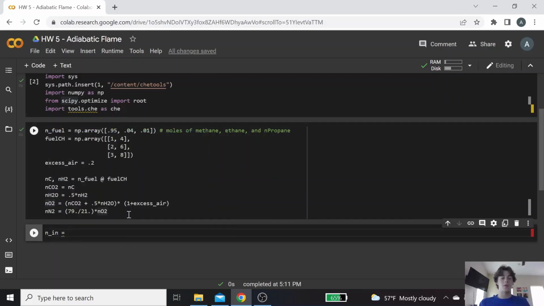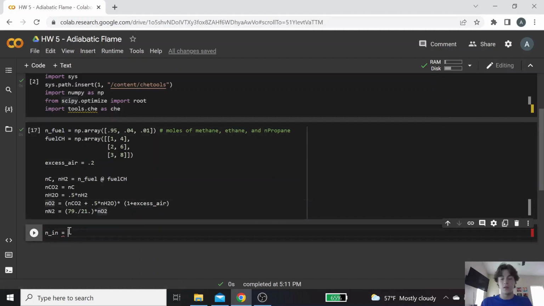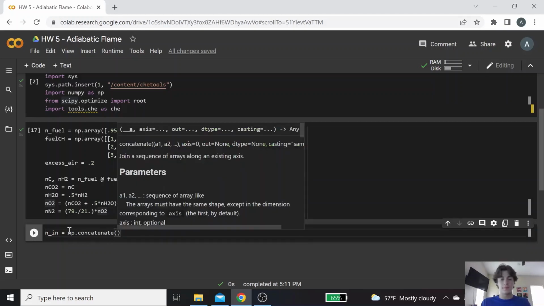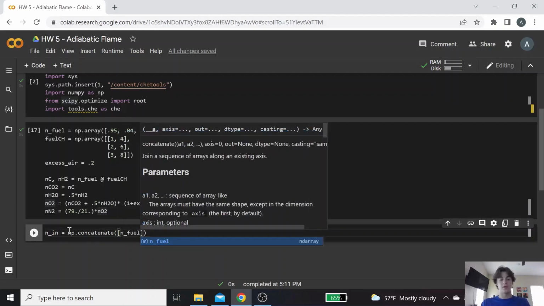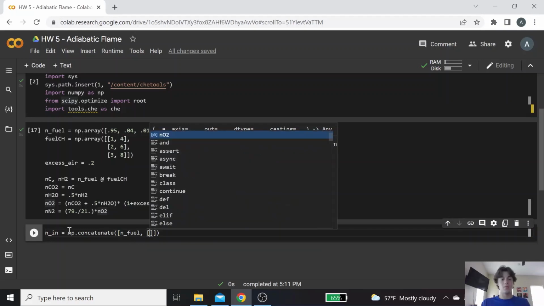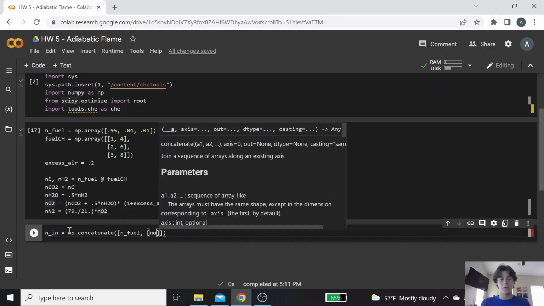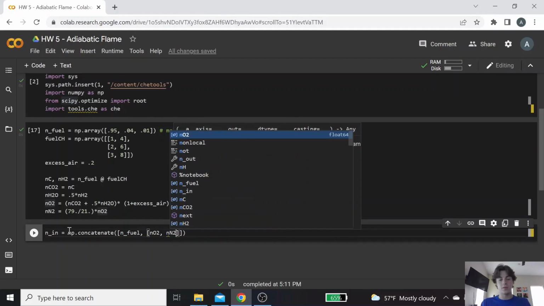So our stream in will be, we're going to concatenate the moles of fuel with the moles of oxygen and nitrogen. So it'll be our moles of fuel, and we'll add in a matrix of the moles of oxygen and the moles of nitrogen.